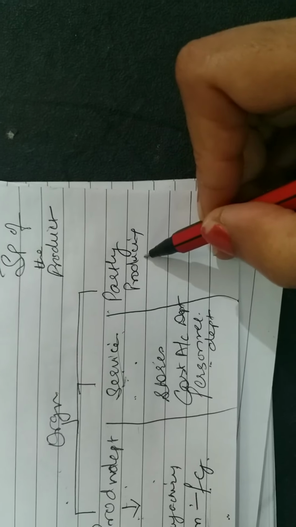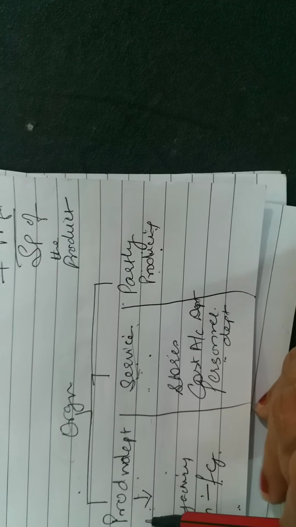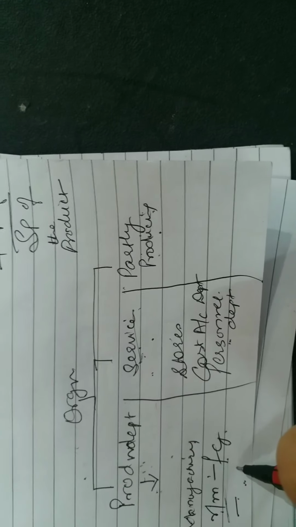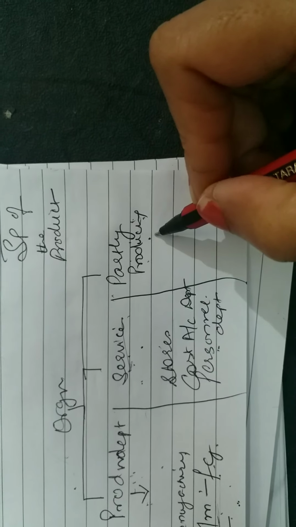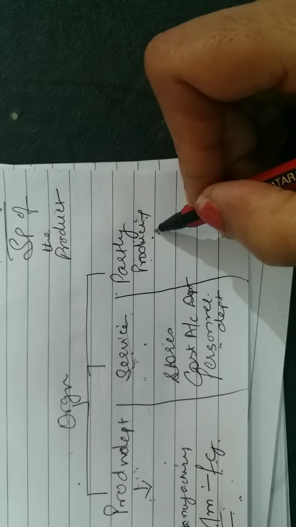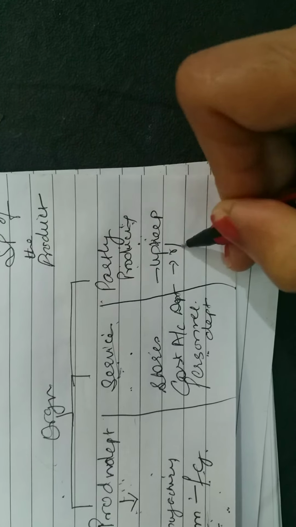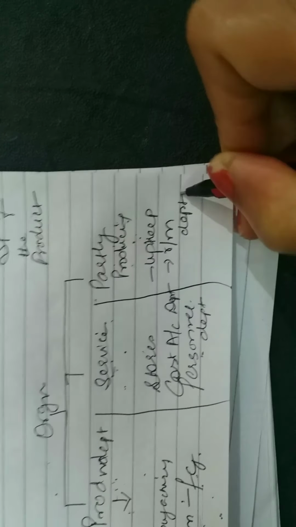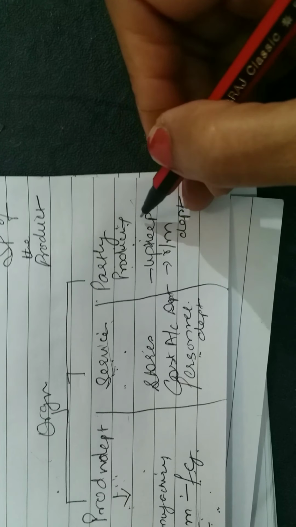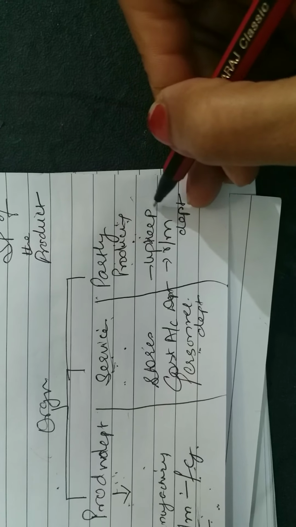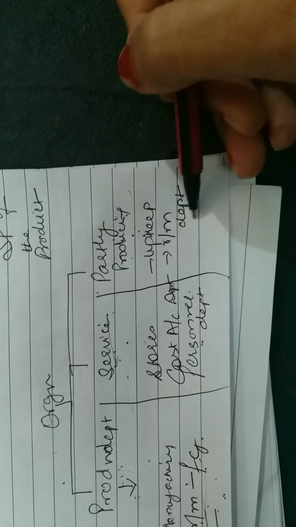Then we come to the next one, that is the partly producing department. They are not the ones doing this task, that is manufacturing or converting raw material into finished goods, but they are responsible, let's say, for the upkeep, repairs and maintenance. If they feel that anything needs repair or a part of a particular item needs to be produced in order to replace it, they do all these parts.